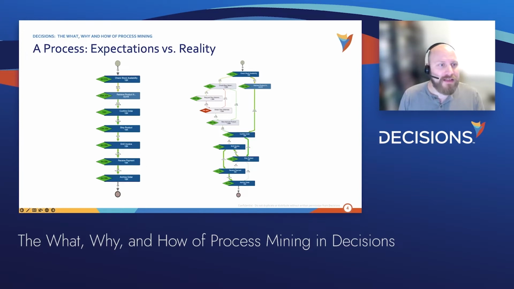But when we dug into the data and took a look at it, we realized that the streamlined expectation of what the process should be and what we thought was happening was different from the process as it actually happened. So process mining is the tool that allows us to go from the ideal, the understanding of here's what we think the process should be, to here's what the process actually is. When this thing is out in the wild and people are doing it, here's what's actually happening.